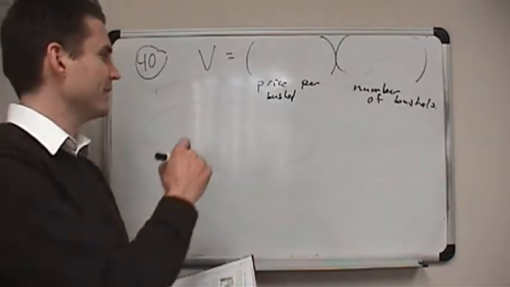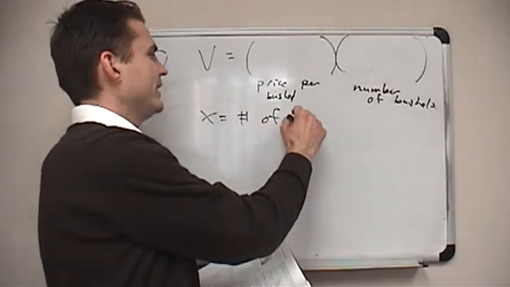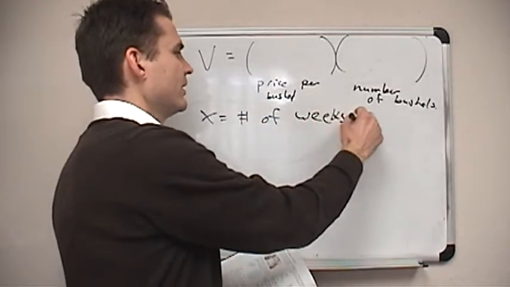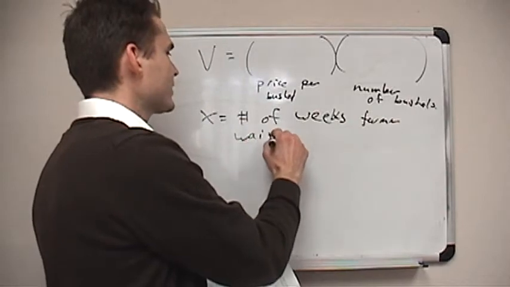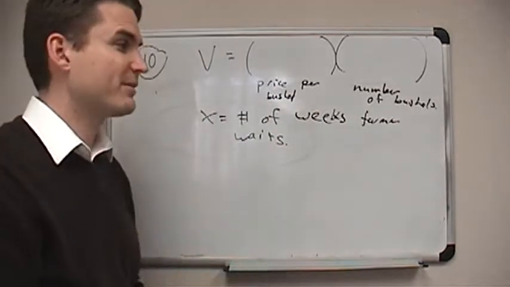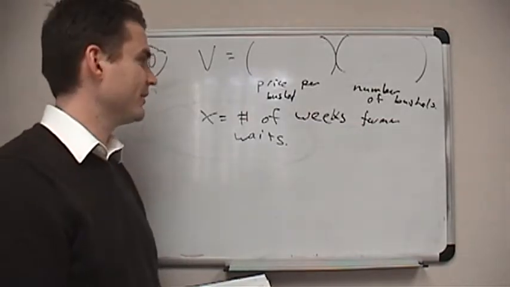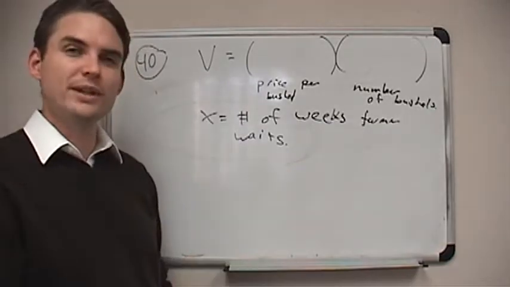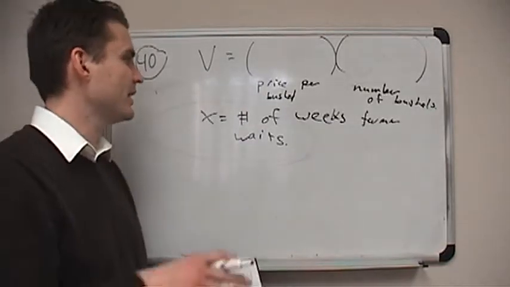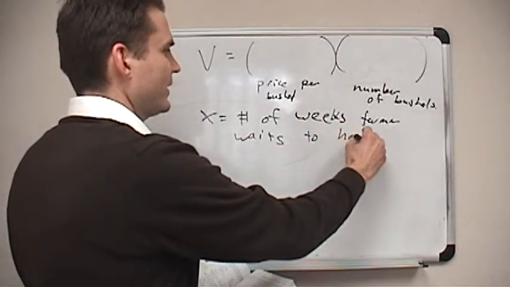So we need a variable here, and I'm going to pick the variable x to be the number of weeks the farmer waits. At this initial point in time, we'll call that x equals 0. Now if the farmer waits 1 week, x would be 1. If he or she waited 2 weeks, x would be 2, and so forth.